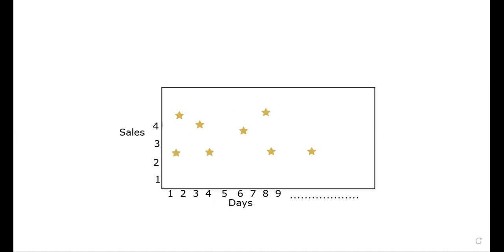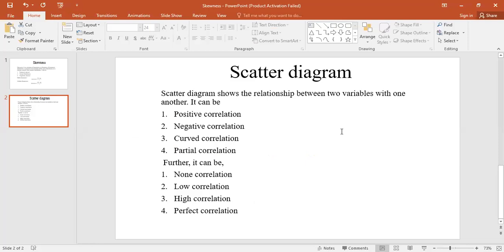And in statistics, there may be different types of scatter diagram. It can be positive correlation, it can be negative correlation, it can be curved correlation, it can be partial correlation. It can also be that there is no relation, a low correlation, high correlation, and perfect correlation.